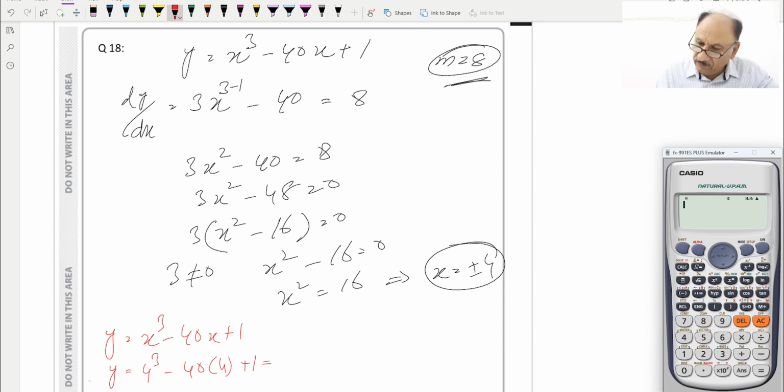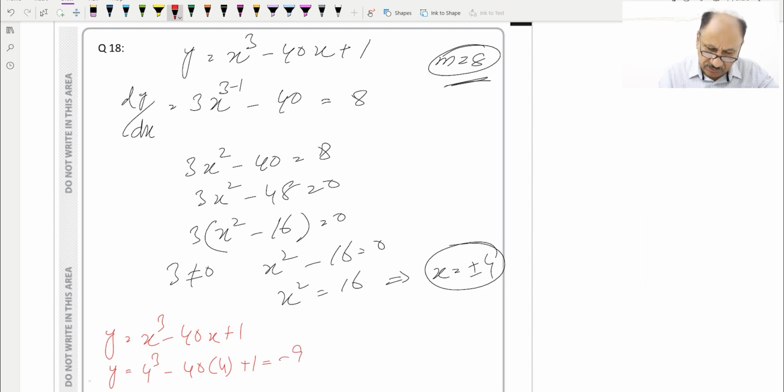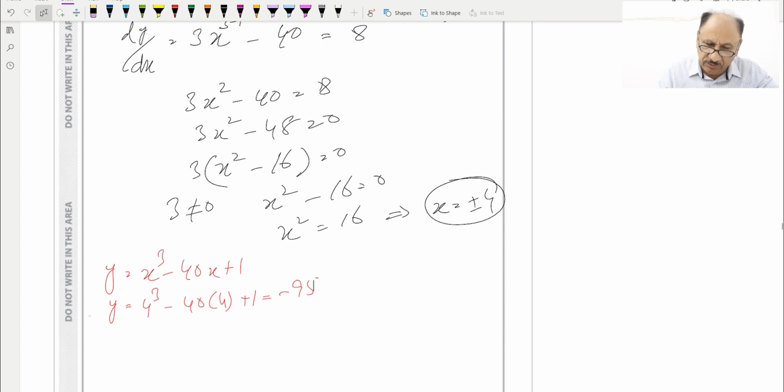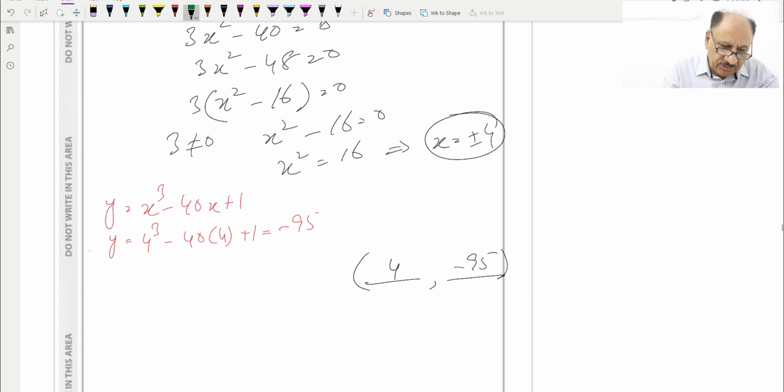So it will be 4 cubed minus 40 into 4, plus 1, is equal to minus 95. So our point will be: if we are taking the x value 4, we are getting minus 95. So this is one coordinate. For the second coordinate we will be using y is equal to x cube minus 40x plus 1 and replacing x with minus 4, the other value.